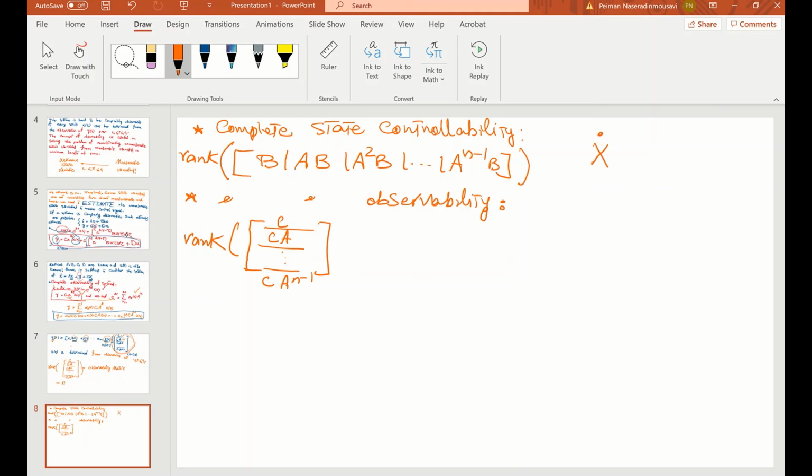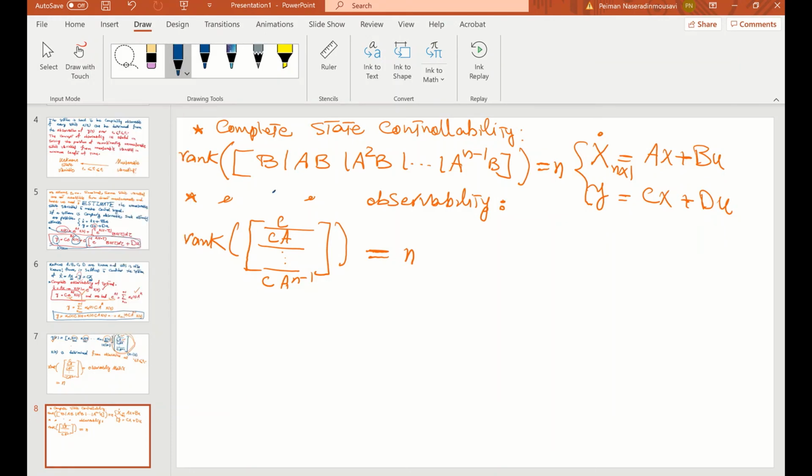For this LTI system: x dot is equal to Ax plus Bu, y is equal to Cx plus Du, where x is an n by 1 vector. For completeness, the rank of this matrix must be equal to n. Understand?